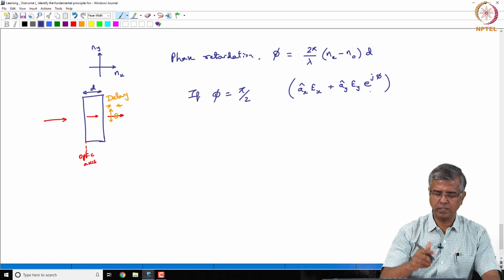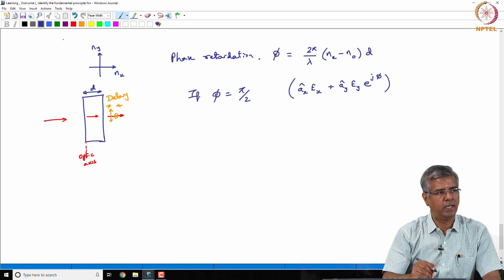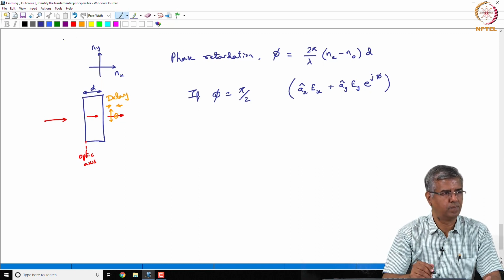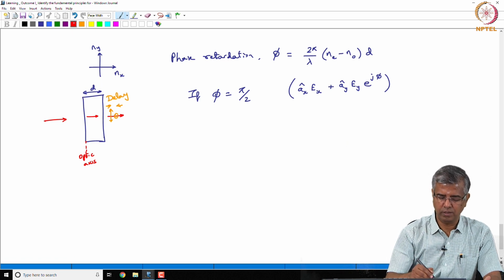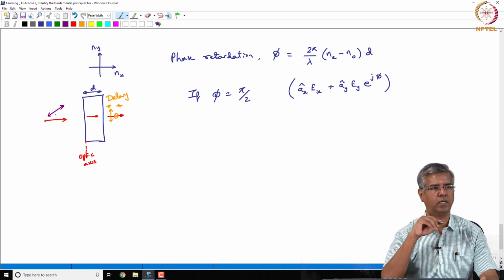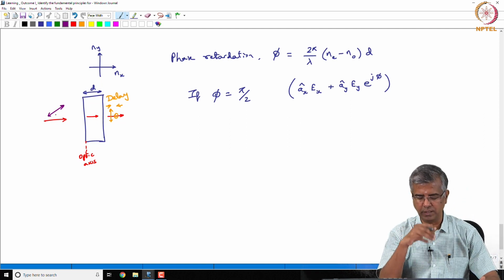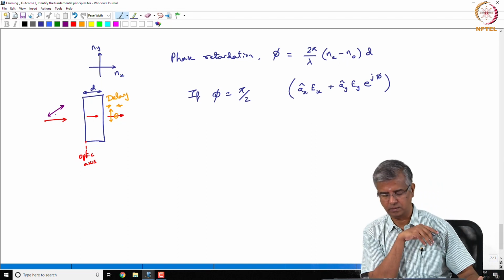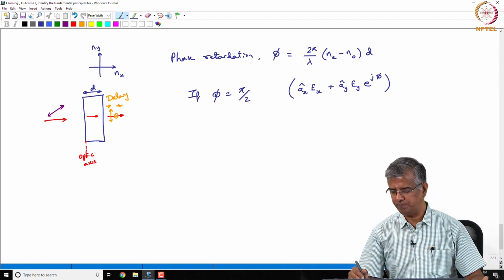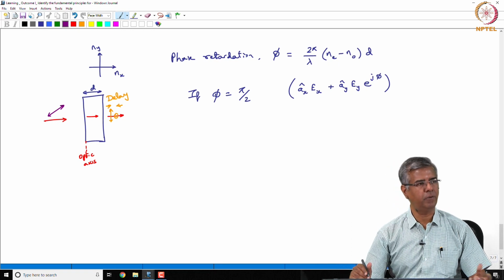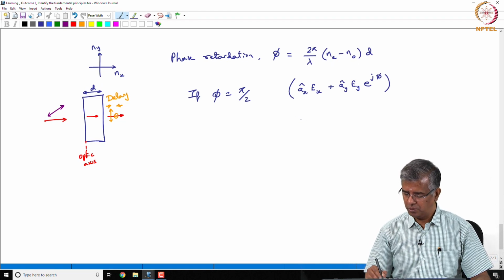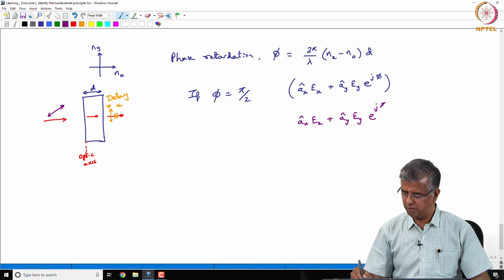The incoming wave is linearly polarized, but let us say it is at a 45 degree angle with respect to the crystal axis. Then for the incoming wave phi equals 0, but for the outgoing wave you have Ax Ex plus Ay Ey e power j pi by 2.